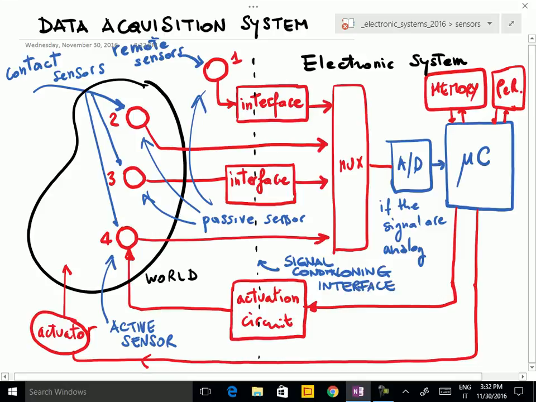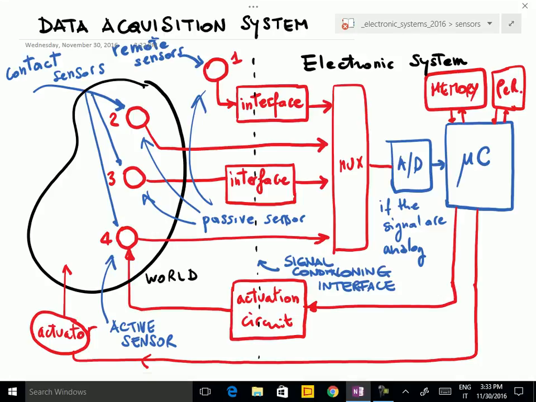It's called signal conditioning because in order for the signals to enter the electronic system, they must be properly conditioned, which means they must have the voltage levels, the current levels, and the frequency behavior required to be sent to, and received by, the electronic system. Okay.